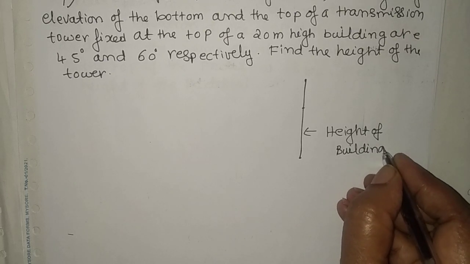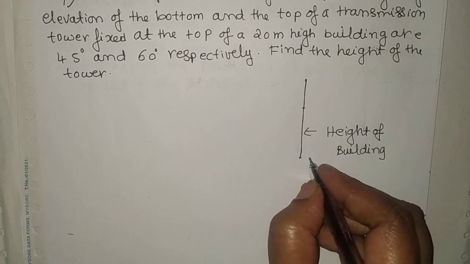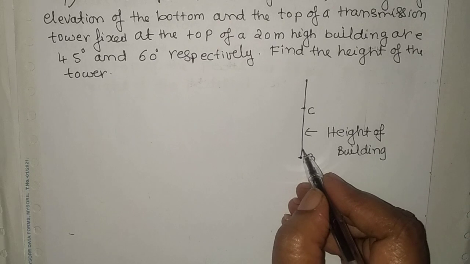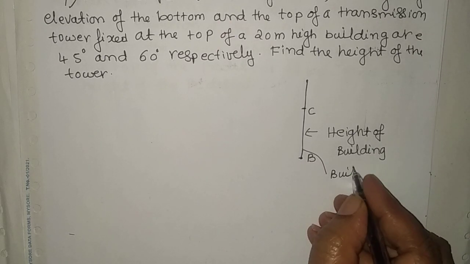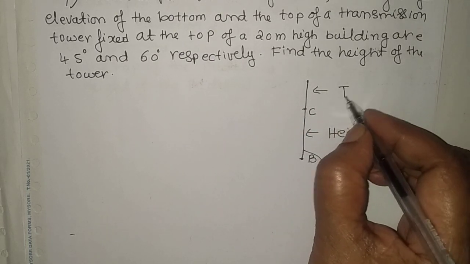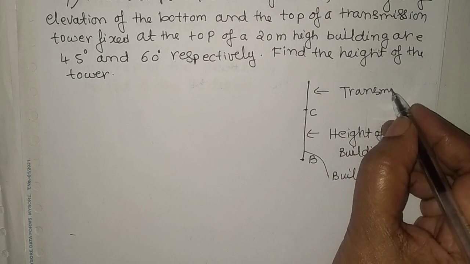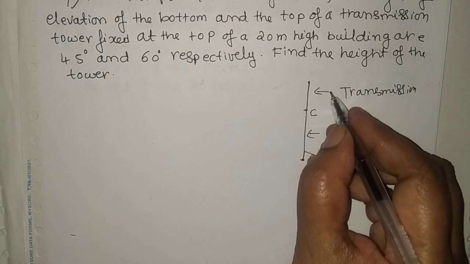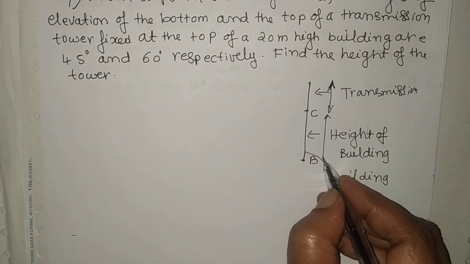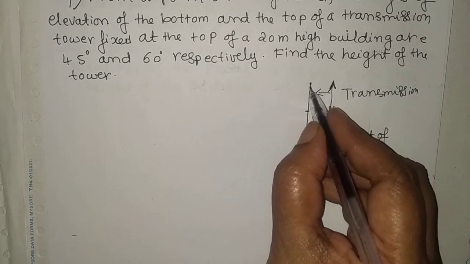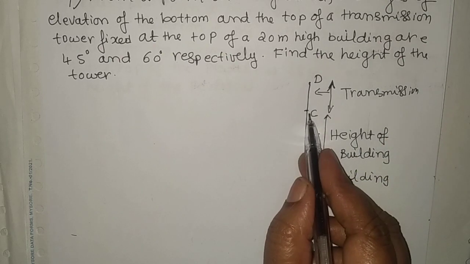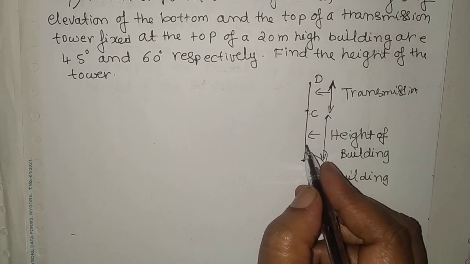We name this one B, and C is the top of the building. On this top is a transmission tower. The transmission tower is only from here to here, and here to here is the building. We'll give this point the name D. So BC is the building and DC is the transmission tower.